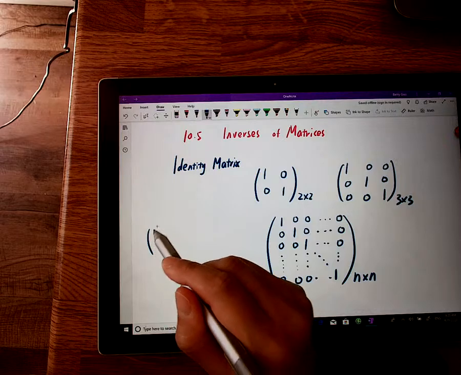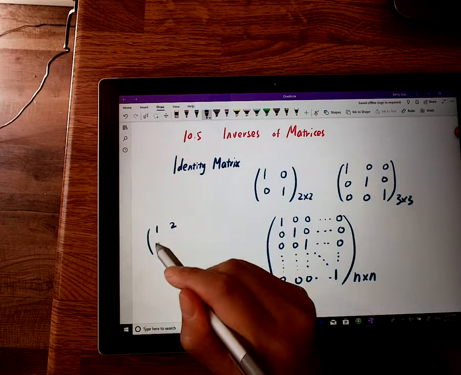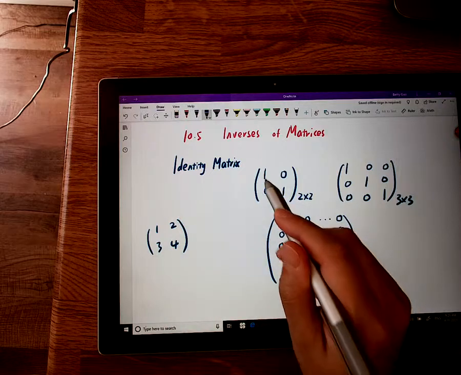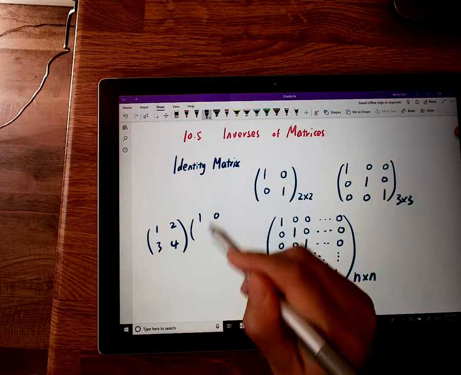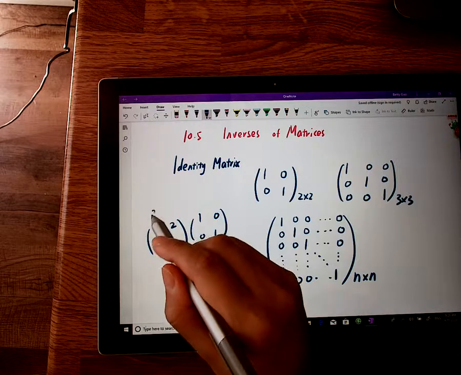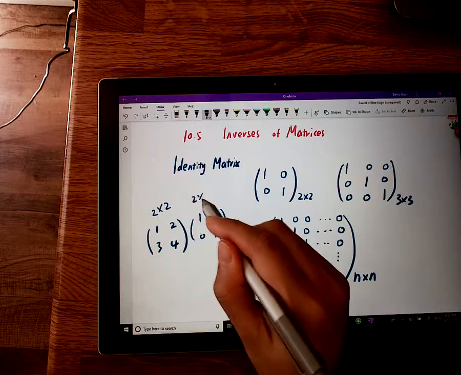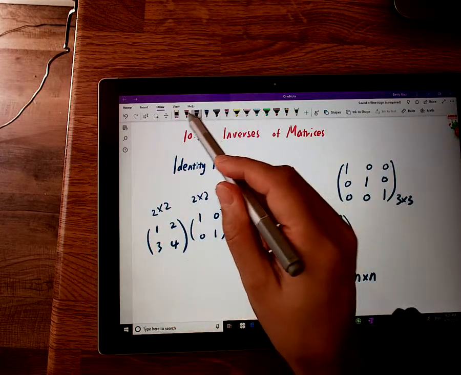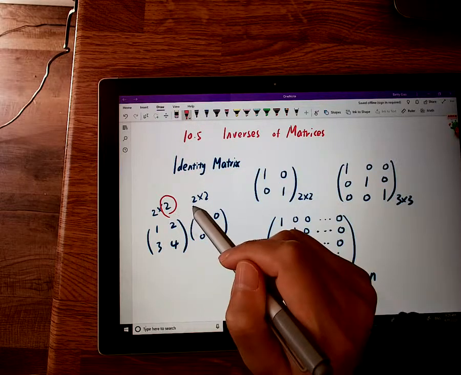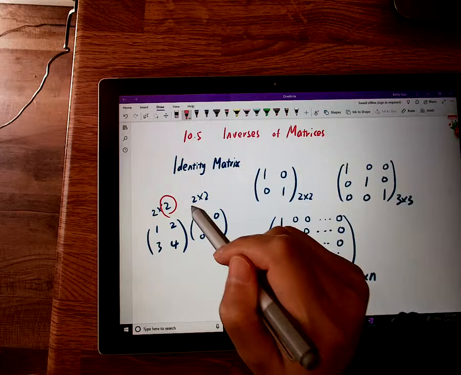Let's say we have a 2 by 2 matrix, 1, 2, 3, 4. We multiply this matrix by the identity matrix, 1, 0, 0, 1. This multiplication is well defined because this is 2 by 2 and this is also 2 by 2. The number of columns of the matrix on the left equals the number of rows in the matrix on the right.